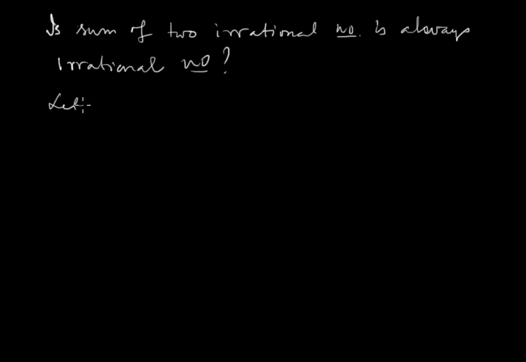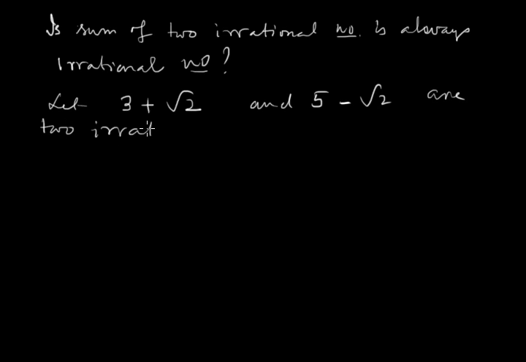Let 3 plus root 2 and 5 minus root 2 be two irrational numbers.